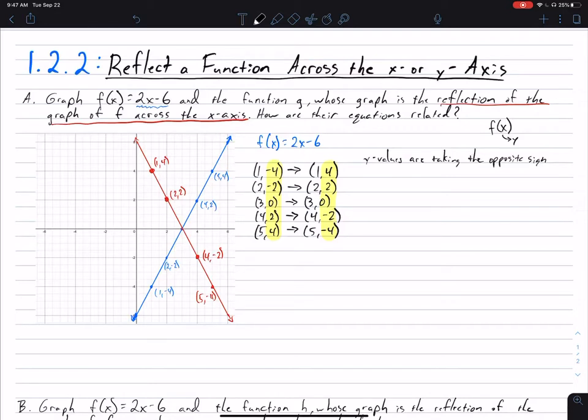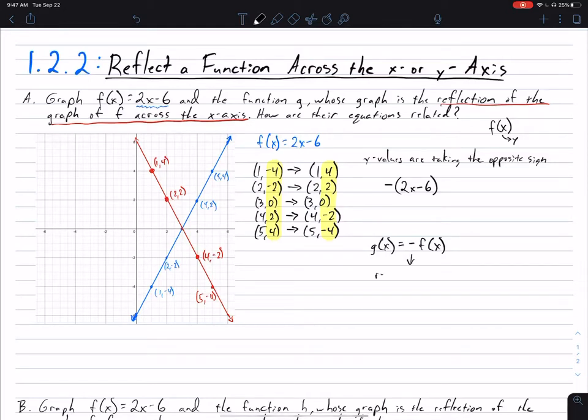So if I have 2x minus 6, I'm taking that entire group and I'm going to make that negative. So if you have a function, we want g of x here. And what's going on with g of x? Well, we're taking all of f of x and we're making that negative.